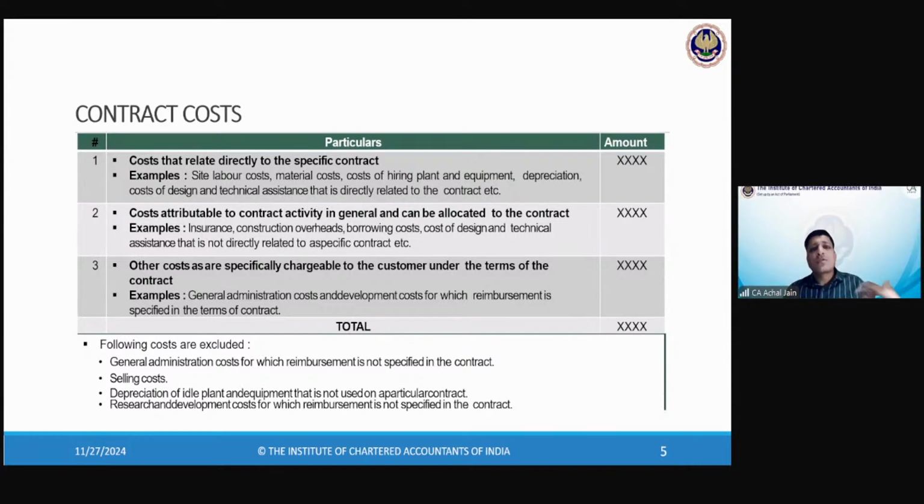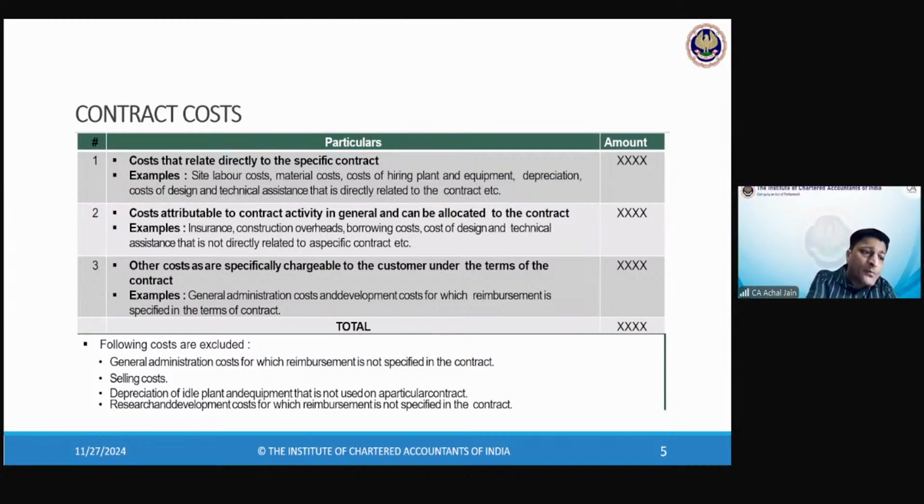Yes or no? So the contractor will always estimate the cost, and after the estimation, the contractor will also actually be incurring all of these costs. So what are going to be the various components of the costs which the contractor can include in his cost, which will also be considered for recognition?